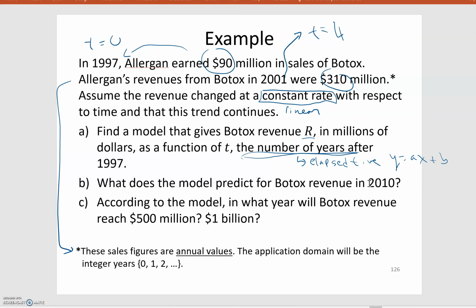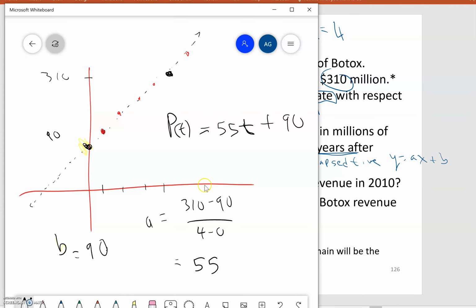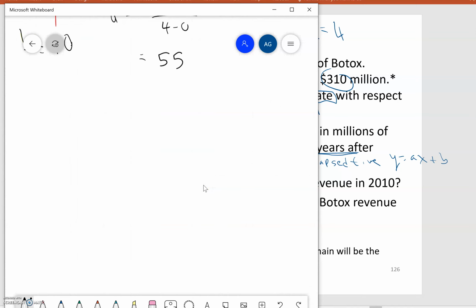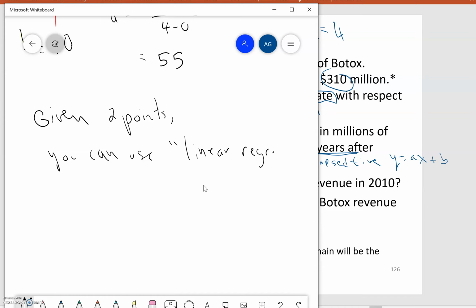So that's great. But what I actually want to focus on is there's another way to generate this model that is an important method and is a nice little shortcut. And I want to go ahead and show that to you. So whenever you are given 2 points, you can use, if you want, this technique called linear regression.